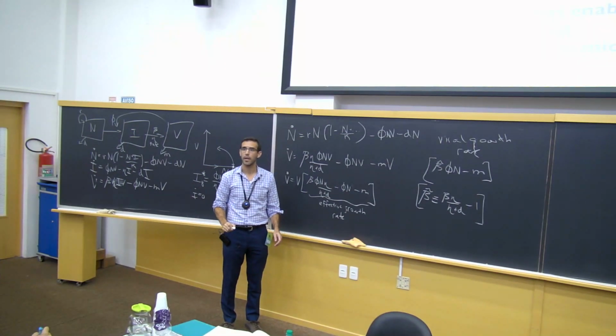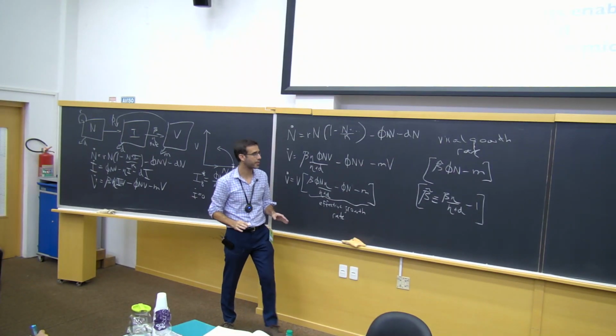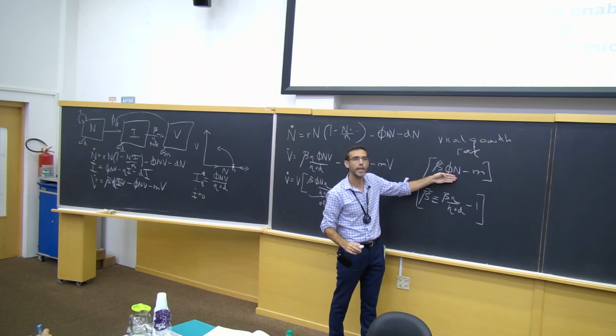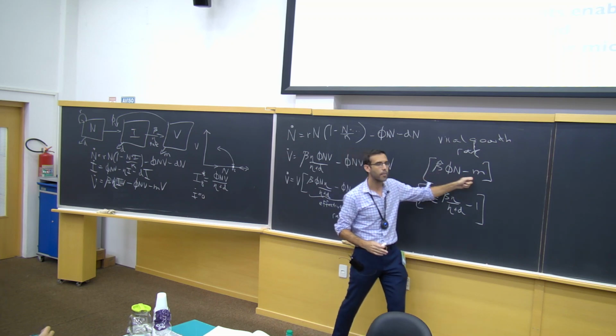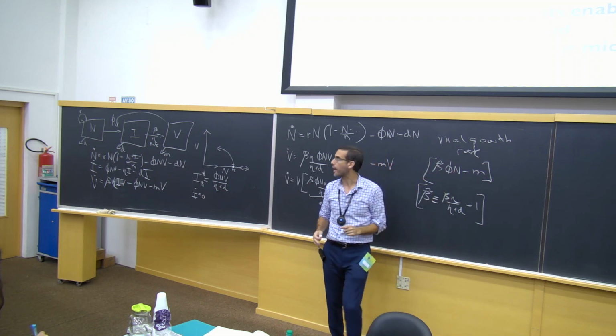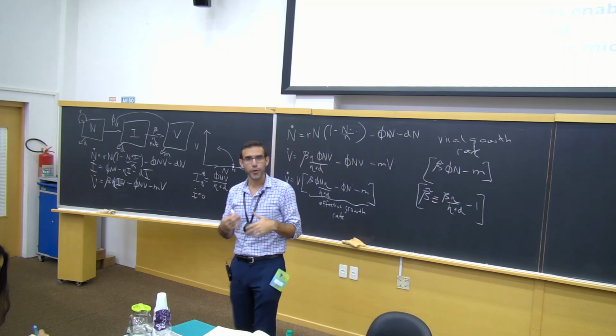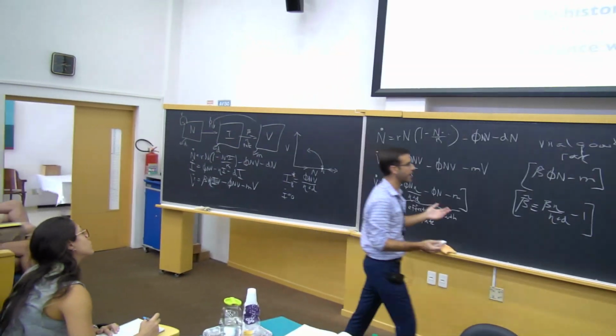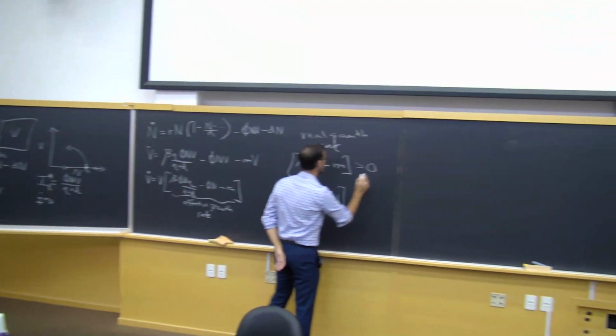It's going to look strange, but there's a reason why I want to do it. Now it looks as if we had gotten rid of that infected class. We just have contacts with an effective burst size minus the mortality. Now there are two ways to go about this, and this is fine. If this is greater than 0, the virus will invade.